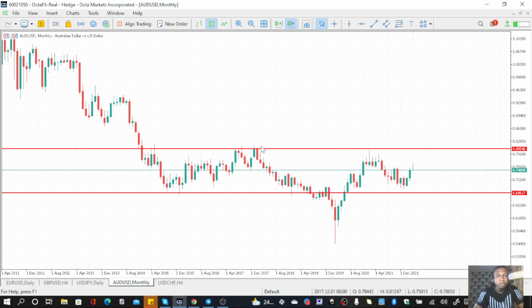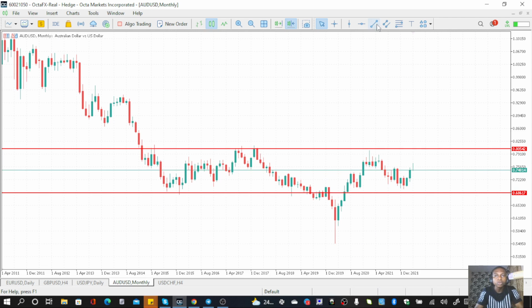Okay, but within this range now, we can see that the price moves in a wave-like function. So it is this wave-like function we are going to use in tracking where the market might move the next time. So you see this first wave, second wave, another, then a third wave.